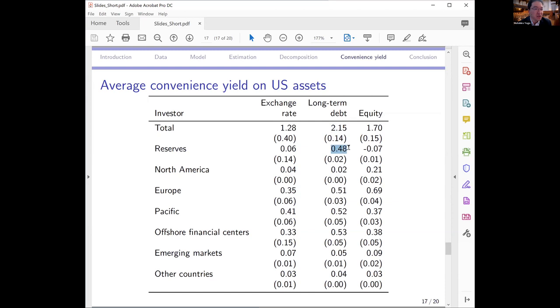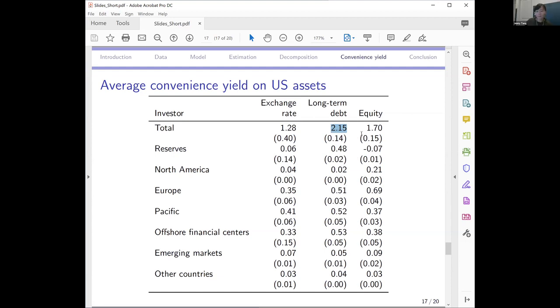So 48 basis points of that is coming from reserves, 2% from North American investors, 51 basis points from European investors, and so on. The sum of these investor impacts on convenience yields sums up to 2.15%. So we can say geographically which investors really like US long-term debt and are causing the US long yields to be lower than they would otherwise be.